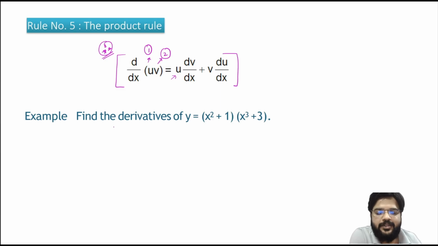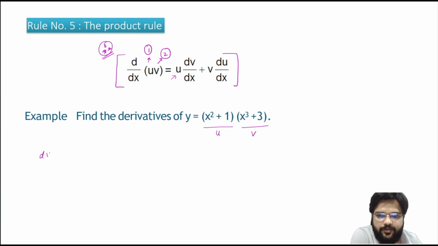Now see one example, then you will get clarity on how we can apply it in a numerical. So here we have: find the derivative of y equal to (x square plus 1)(x cube plus 3). So this x square plus 1 is u, everyone, and x cube plus 3 is v here, correct?